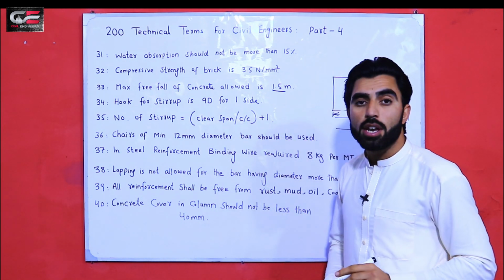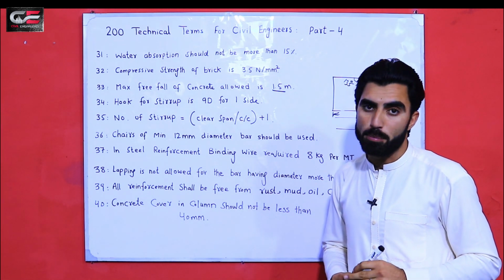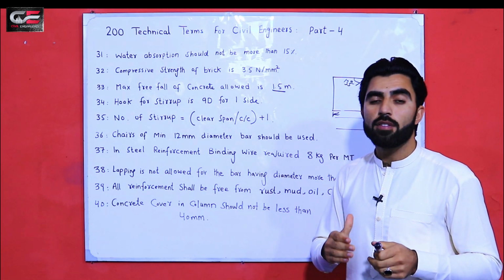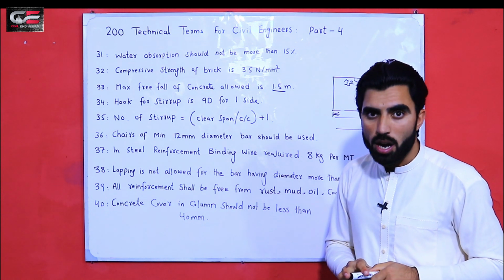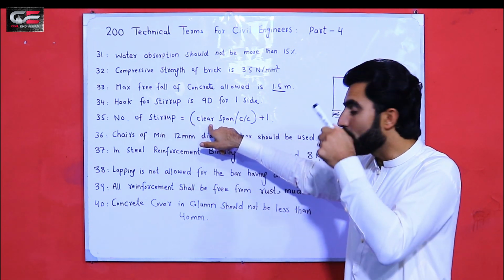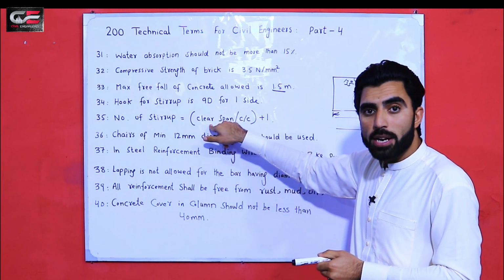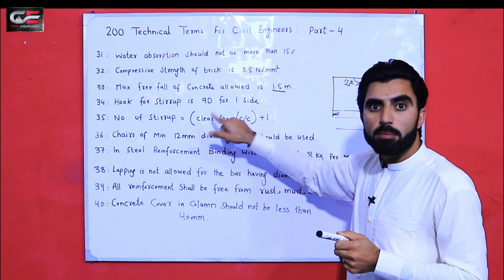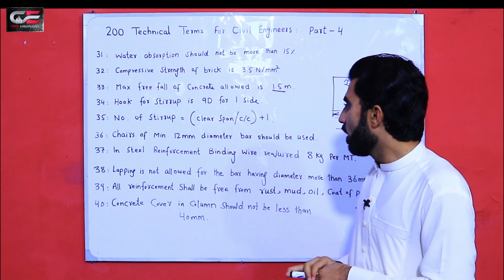It will give us the number of stirrups in a beam. And also the number of ties in a column: the clear height of the column divided by the spacing of ties, plus 1.